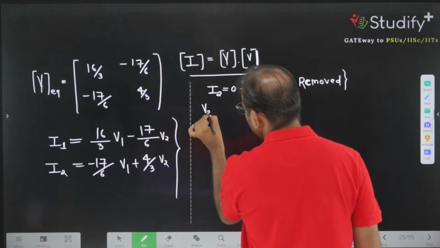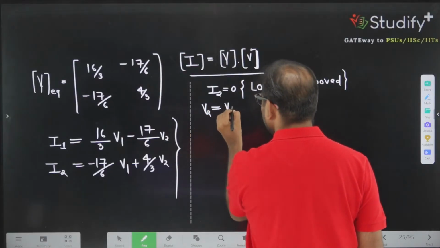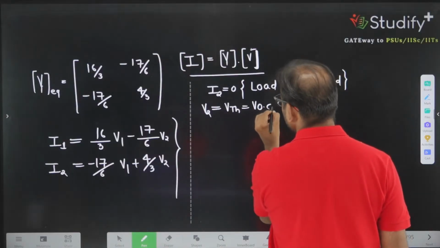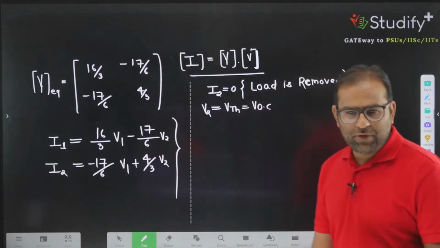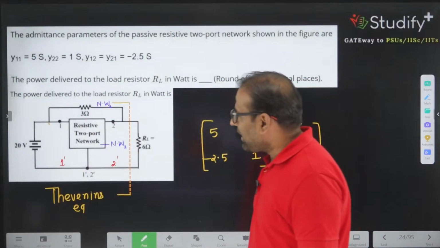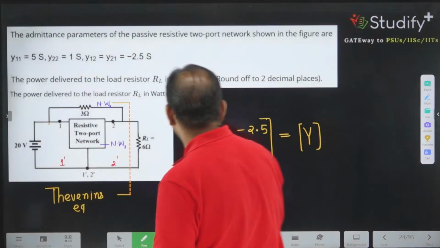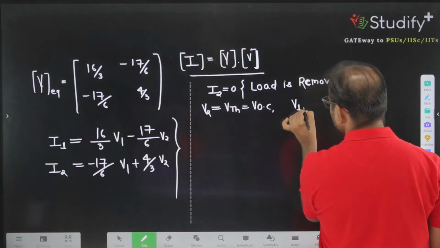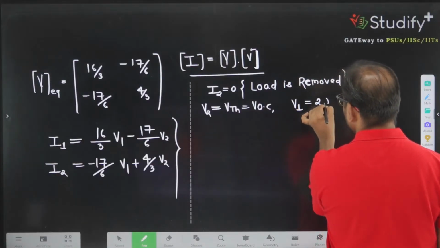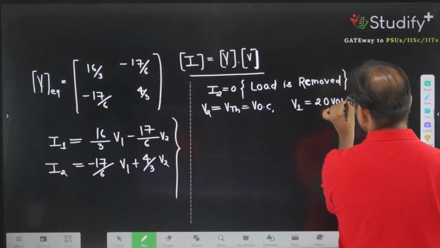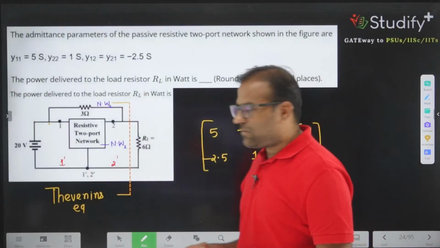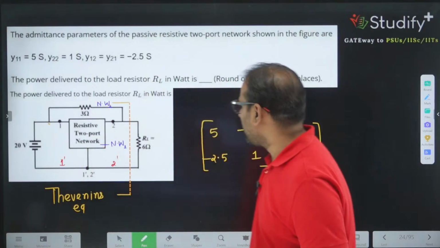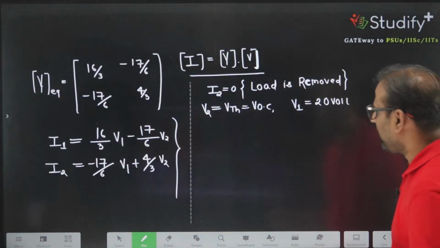In this condition, V2 will be VTH, or V2 is also known as V open circuit voltage. What is the value of V1? V1 is 20 volt. It is given that V1 is 20 volt, because V1 is the voltage that appears here and we are drawing the equivalent across these 2 points. So put this value.